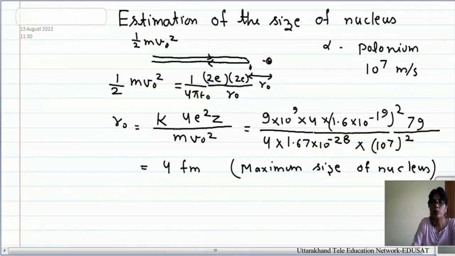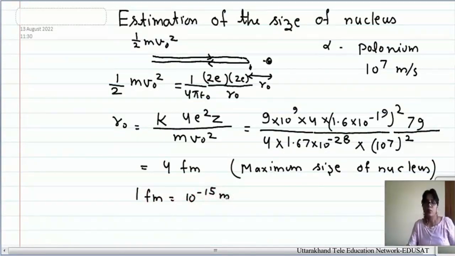If it goes up to that point, then there will be a correct estimate, but for the time being, let us say this is the size of the nucleus, that is, the size is of the order of Fermi, and 1 Fermi means 10 to the power minus 15 meter. So using the Rutherford scattering experiment, we can also estimate the size of the nucleus.